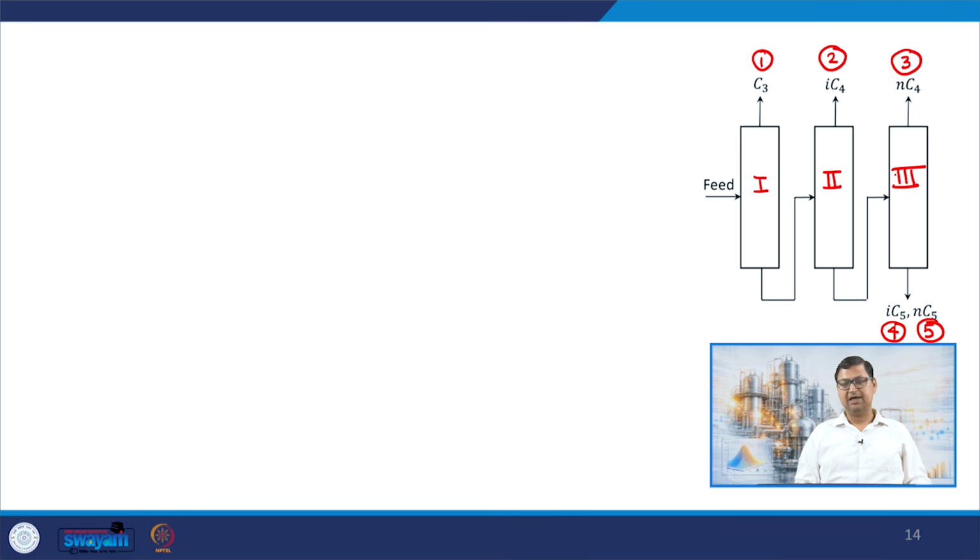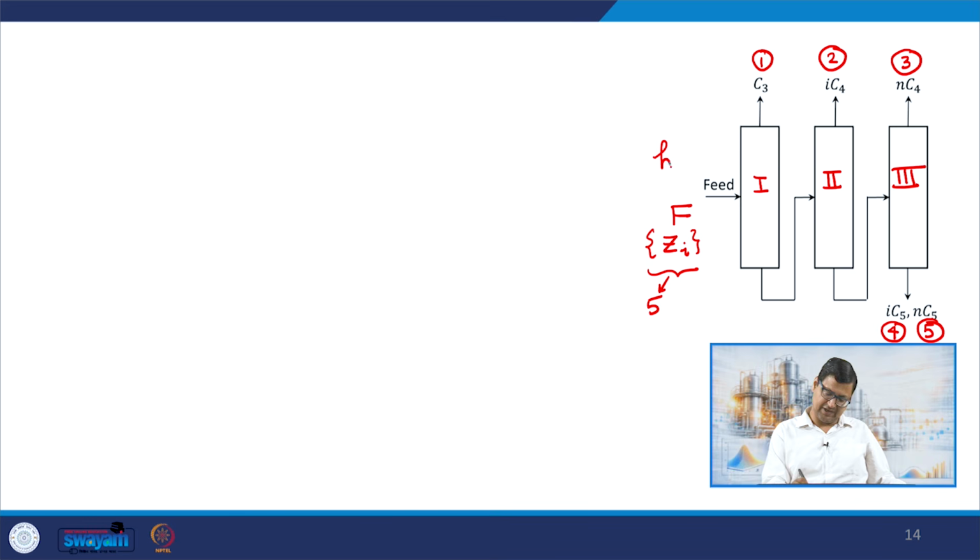3, and I can define the molar flow rate of feed, and I can define the Zi of the feed, where we basically have 5 values of that, right? And we can also define some enthalpy HF of feed, and I can also define some temperature and some pressure for the feed.